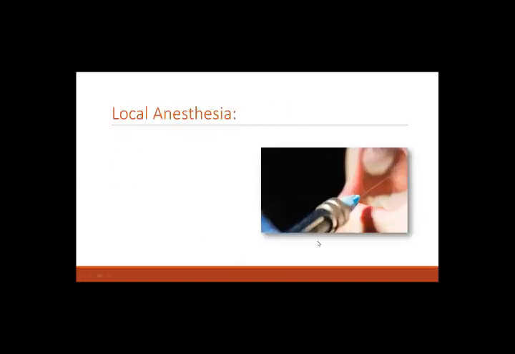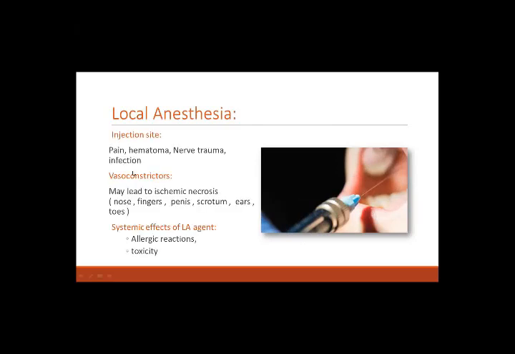Local anesthesia: at the site of injection, there would be pain, hematoma, nerve trauma, or if vasoconstrictor agents like adrenaline have been added to the local anesthetic, it could lead to ischemic necrosis, especially in the nose, fingers, penis, scrotum, ears, and toes.